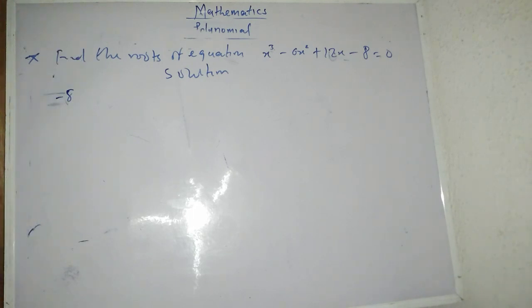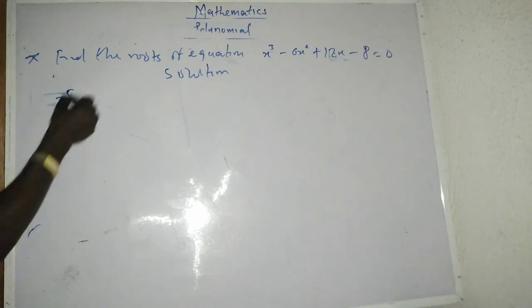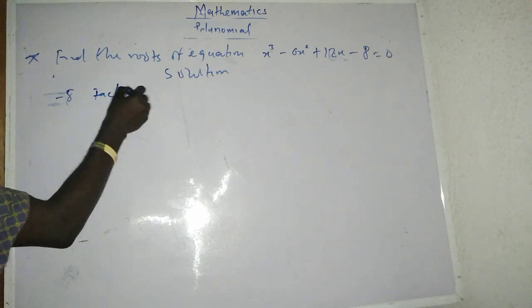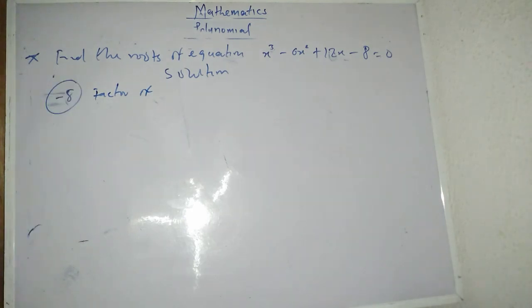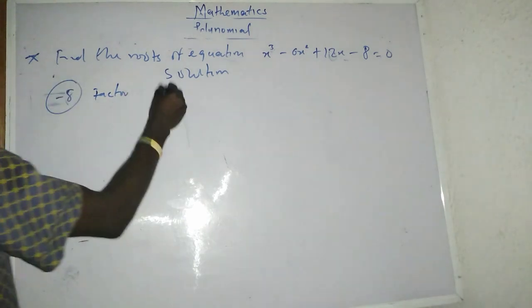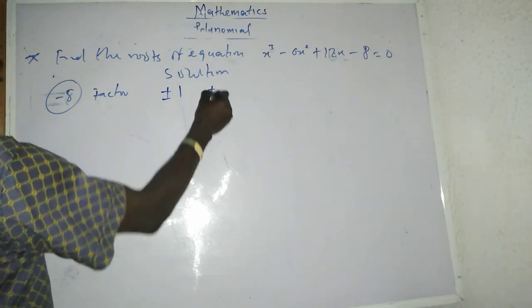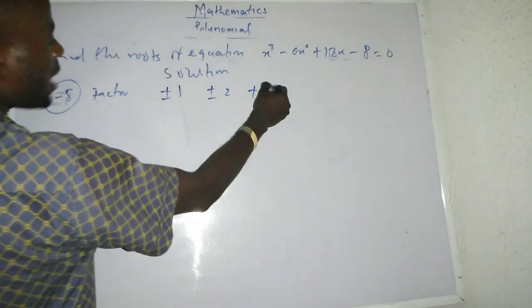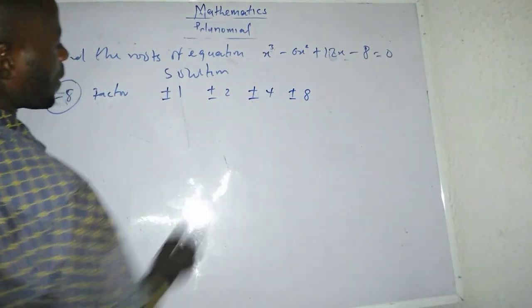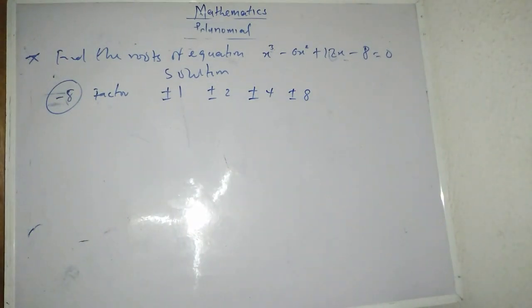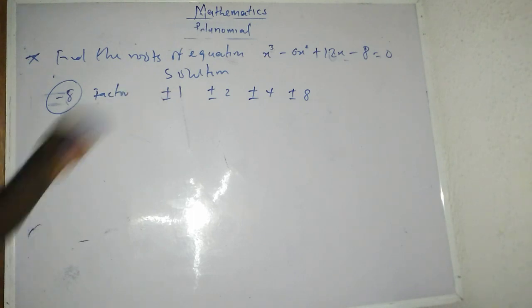What number can be a factor of minus 8? The factors are plus or minus 1, plus or minus 2, plus or minus 4, plus or minus 8. Now, since I have this, let me test for 1.